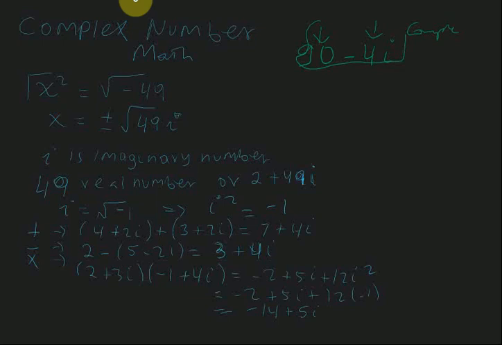Let's say you have the square root of x square. If you square it, it cancels, and you have only x here. But anytime you square something, you have positive and negative at the front. So you have here positive and negative square root of 49i.